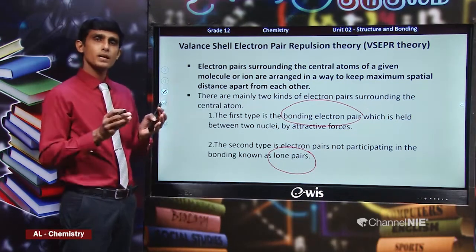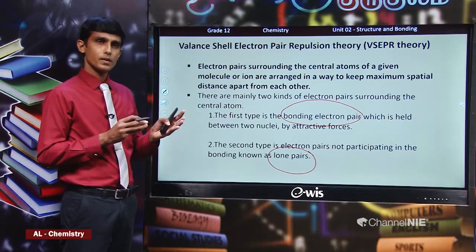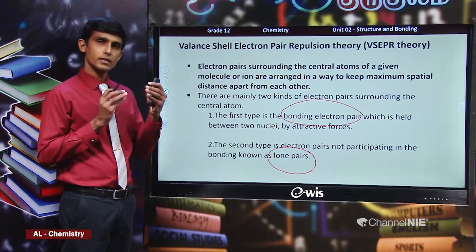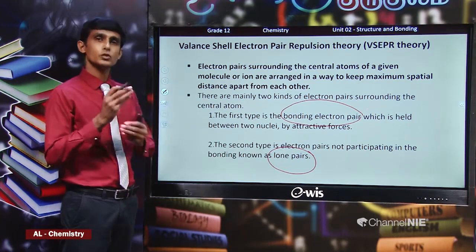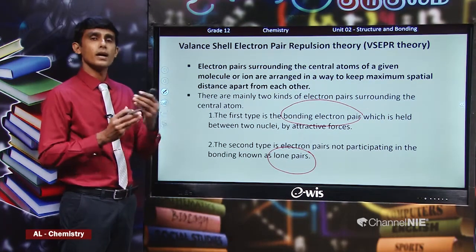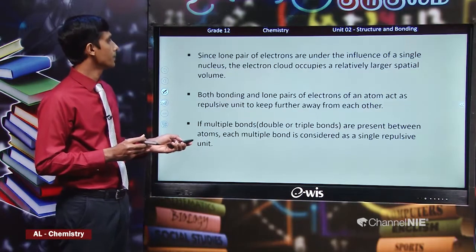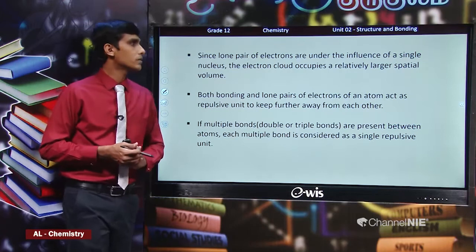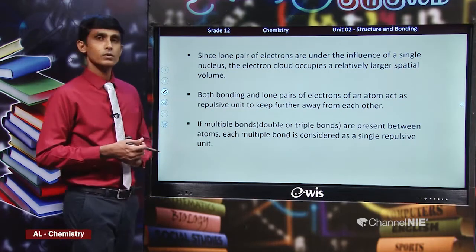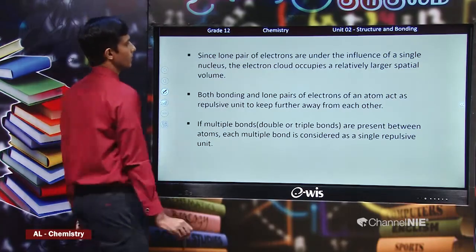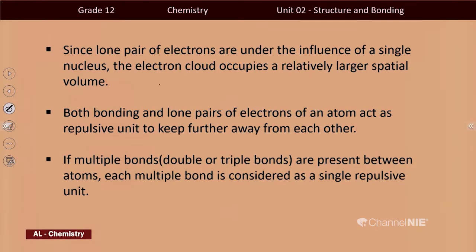For simple ions and molecules with only one central atom, we deduce the shape around that central atom. Now, when you consider lone pairs of electrons, for example, consider a molecule like water. The water molecule has the Lewis structure like this.